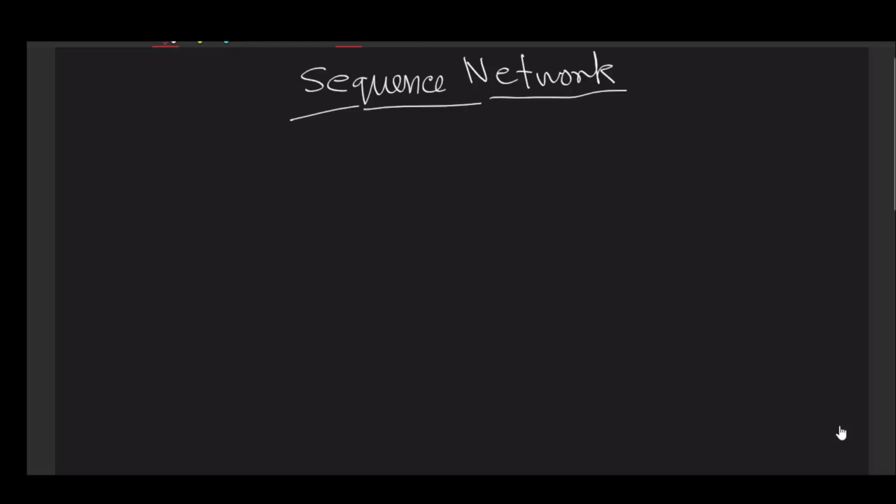Now let us consider the concept of sequence network. In your class, I have already discussed the basic concept: if we express the harmonics, if the order of the harmonic is n, then you try to represent it like 3m plus p, whatever it was.